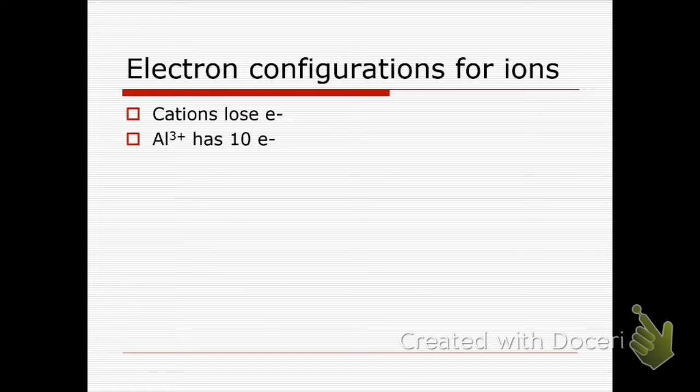That would have a total of 10 electrons, because aluminum as a pure element would have 13, atomic number 13. The 3+ is reminding us that we have lost 3 electrons. So our electron configuration only needs to show 10 electrons: 1s2, 2s2, 2p6.